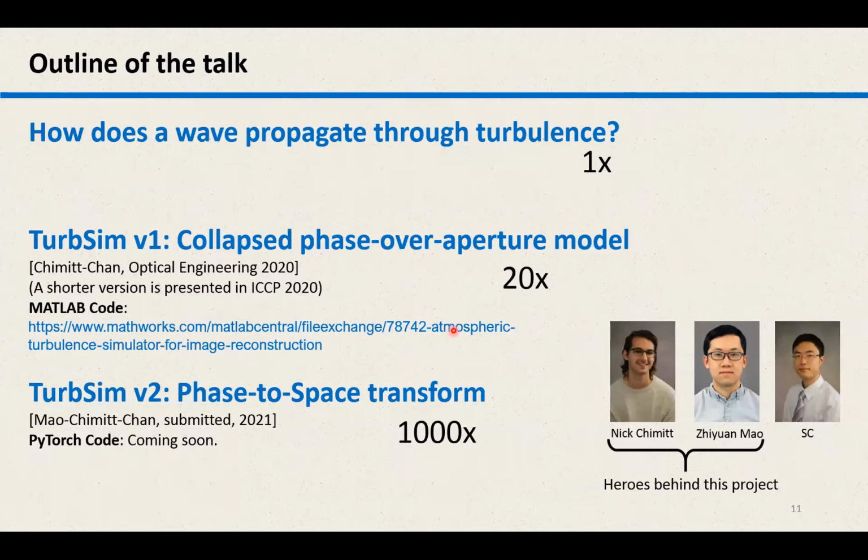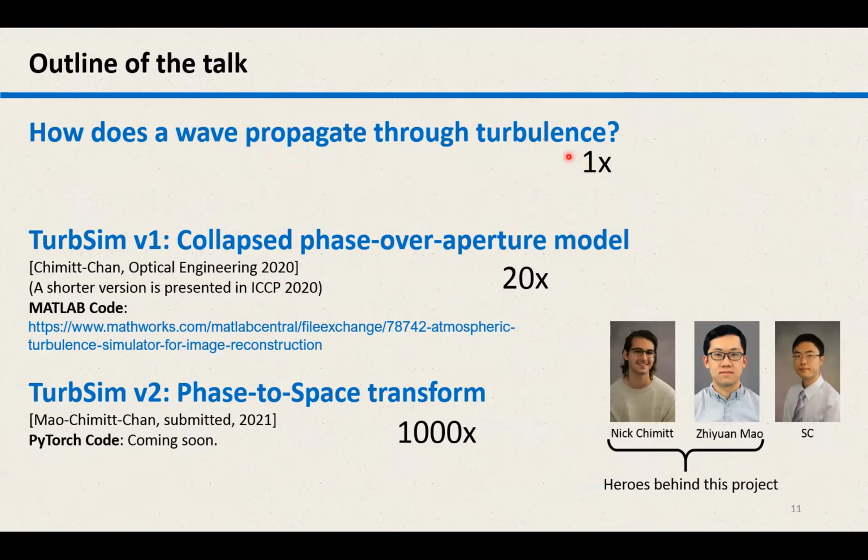Okay, so here is a brief outline of the talk. I will talk about how a wave propagates through atmospheric turbulence. And then I will present two simulators that we have been building at Purdue for the past 3 years or so. I put 1x, 20x, and 1000x right next to each topic, 1x being the speed of the simulator, and this is a relative speed.